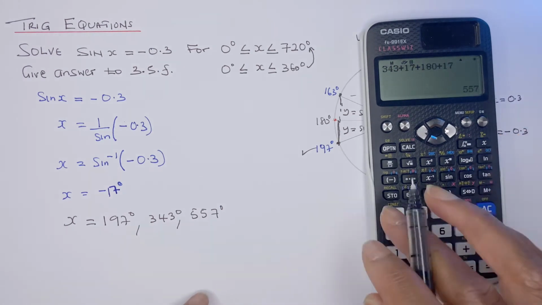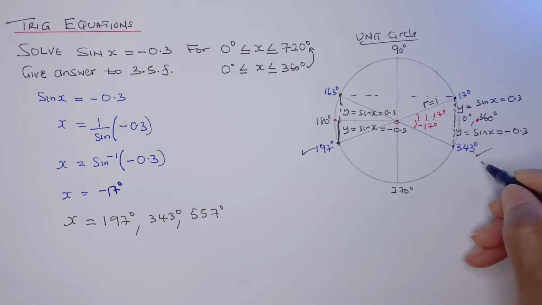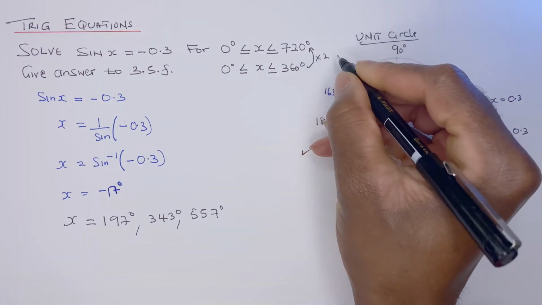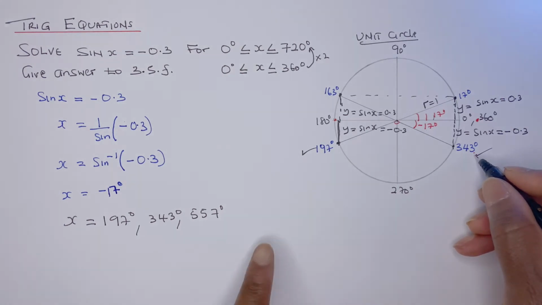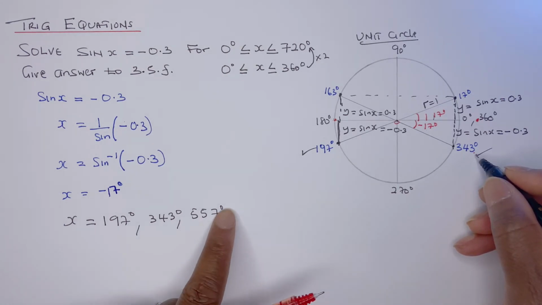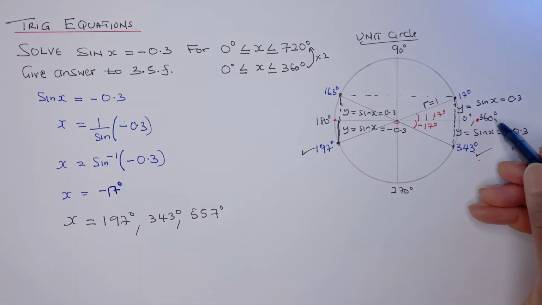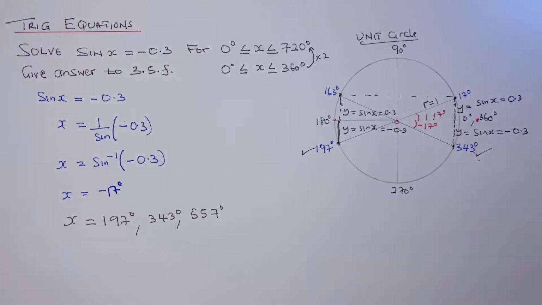And then we need to get back to here again, because we need to go twice to 720, because 360 times 2 is 720. So we need to get back to here again. To get back to here, you could do this: 720 take away 17.